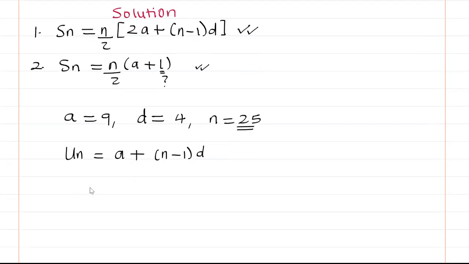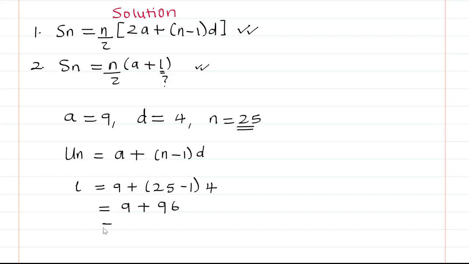So the last term is going to be the first term a, which is 9, plus n, the position 25, minus 1 times the common difference 4. And then we have 9 plus 25 minus 1, which is 24, times 4, which is 96. So 9 plus 96.